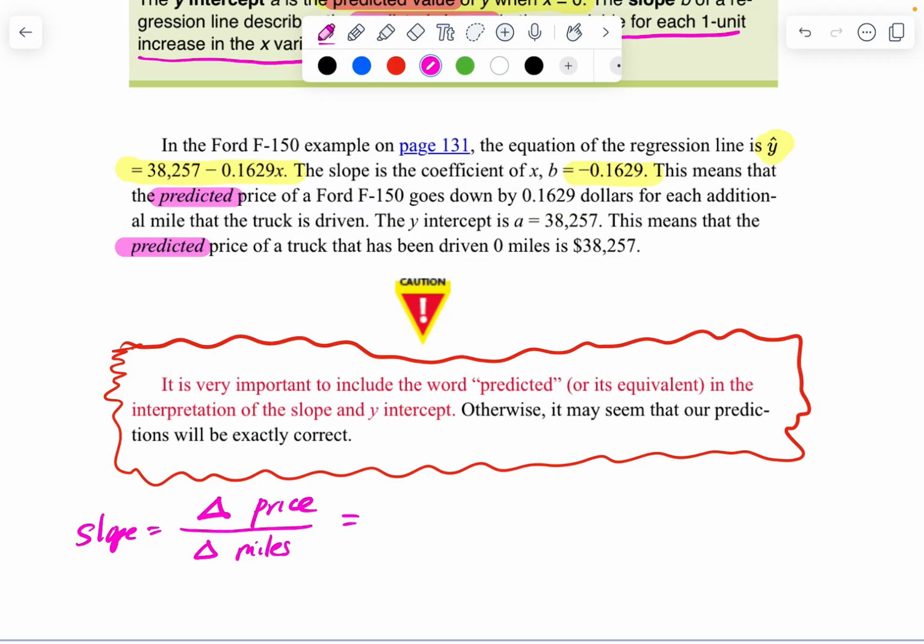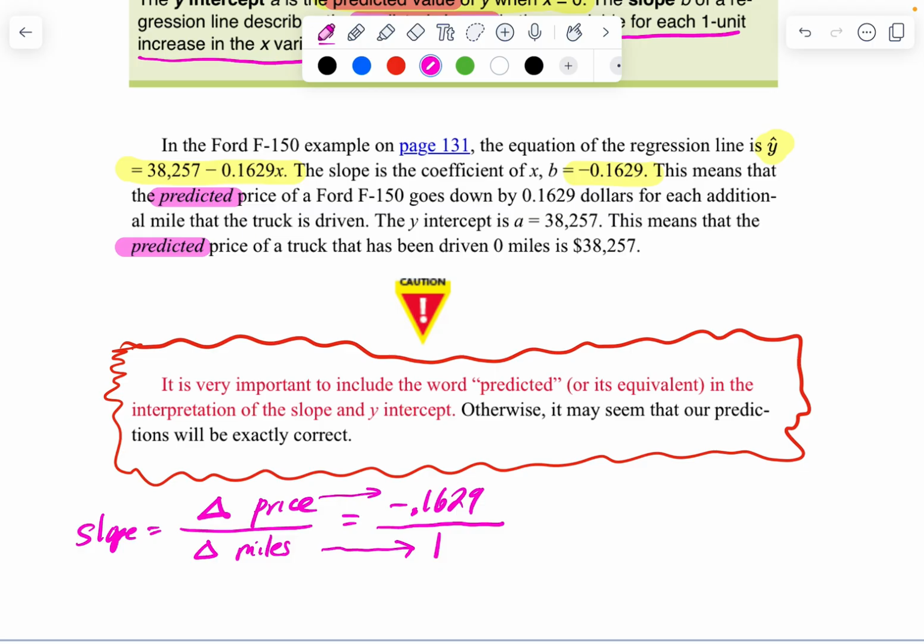Even though the slope is an ugly decimal, which you never saw in your algebra classes, where your slopes were always nice, convenient numbers like 1/2 or 2/3, if we write it as a unit fraction, meaning over 1, it tells us that for every 1 additional mile the truck has been driven, the price is decreasing by approximately 16 cents, or 0.1629 of a dollar.